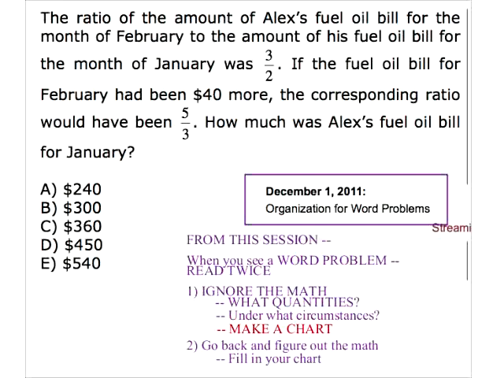If you want more details, then you should watch that session from December 1st. But the important lesson here is that you should not try to comprehend the situation and do the math all at once. That's not really a realistic thing to try to do. It's easier to first figure out what is in the problem and then go for it.